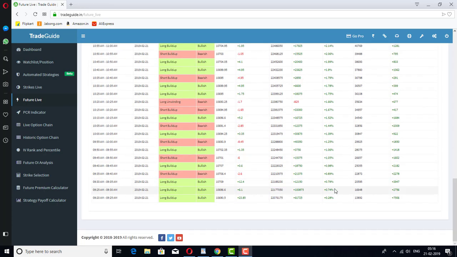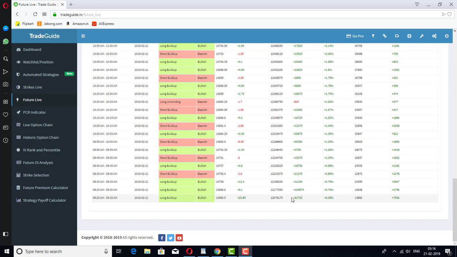So now to find this OI change percentage, let's look from the bottom. At the bottom you can see the open interest when the market opened, the change in open interest at that time, and the percentage change in OI. So with respect to this value, the change that has taken place the whole day is termed for the period of 5 minutes over here.